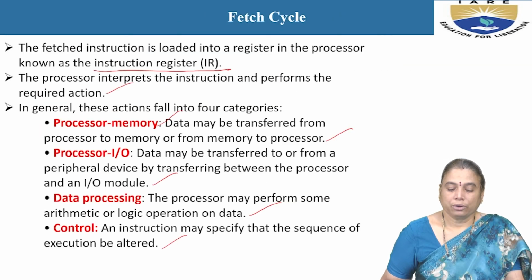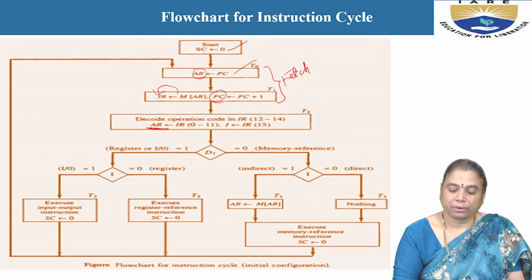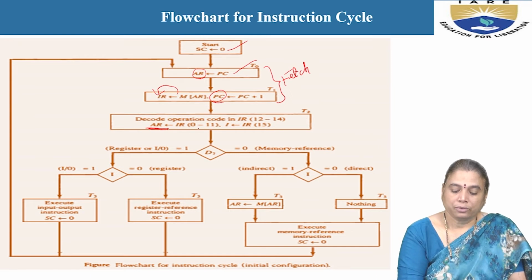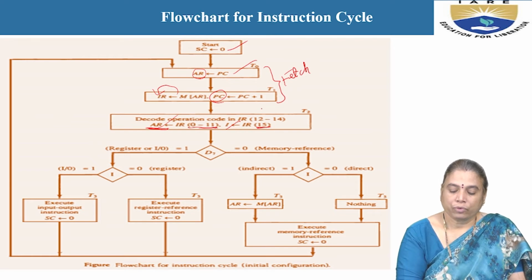So the decode operation uses the instruction format. Bits 0 to 11 of the IR are stored in the address register, the 15th bit of IR is denoted as the I value, and IR bits 12 to 14 are used for the decode or opcode operation.